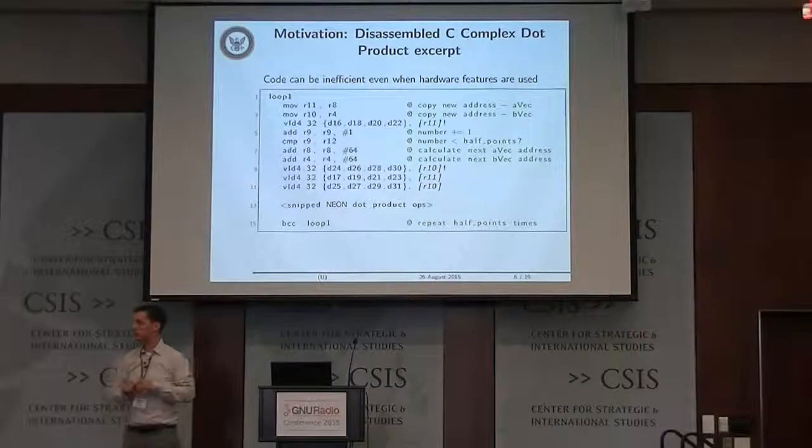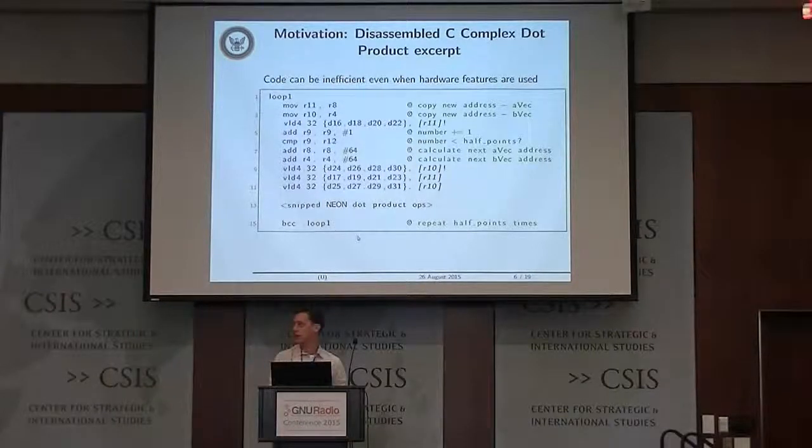The problem is, if you look here, R11 and R10 are registers that hold addresses for our data. You can see that it's moving the pointer from R8 to R11, and then loading data. Then it increments the pointer in R8, and then does this copy again. That's kind of weird.